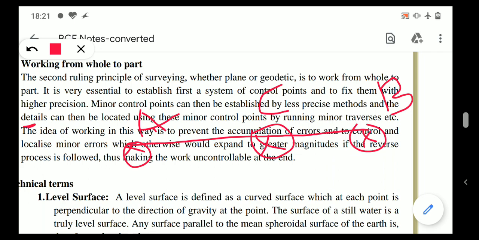Then we have to locate minor control points here. Let these minor control points be A dash and B dash.